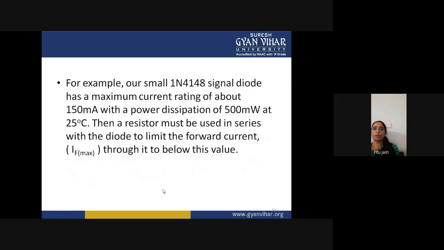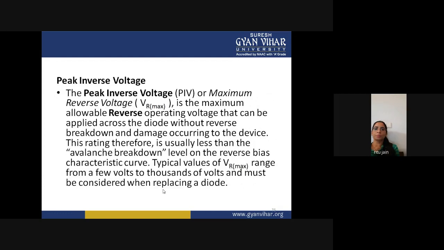So if you want to protect that diode from heat dissipation, there is another option. You can use one series resistance which you can connect in series with the diode, which can save the diode. And the second option is that you have to provide some cooling to the diode to prevent it from heat dissipation or getting damaged.